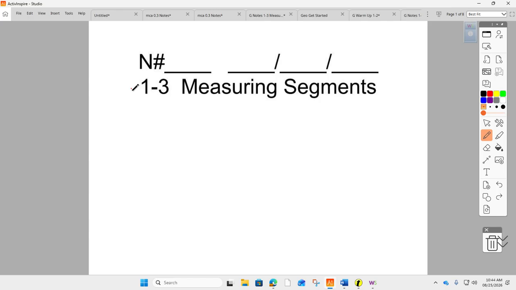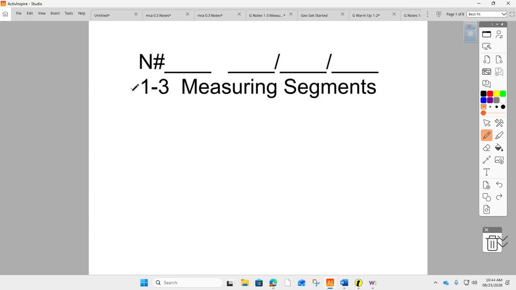We should have a little bit more time. The notes are a little bit out of order, but I got it now, so I'll redirect you when it comes to it. All right, measuring segments.